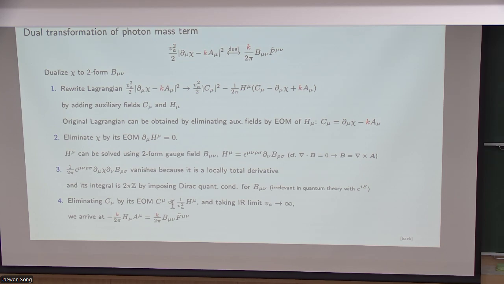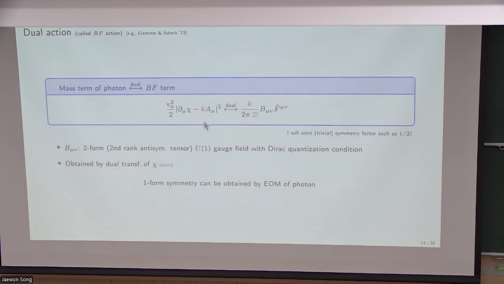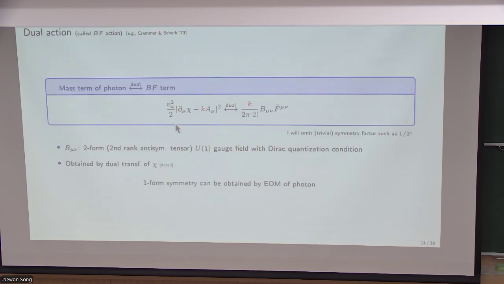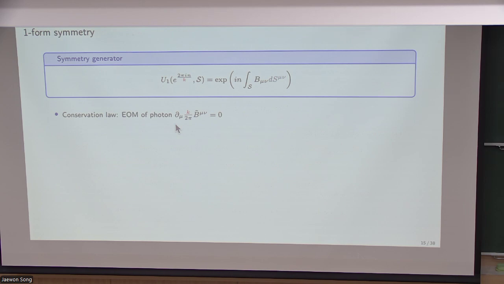So this is the Dirac transformation. By using this dual action, we can find the one-form global symmetry generator by the equation of motion for the photon. So this is the one-form symmetry generator. Let me explain how to derive this.